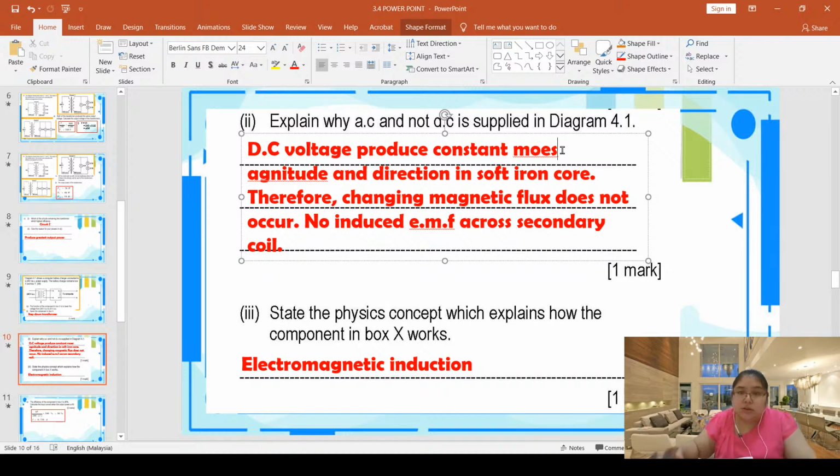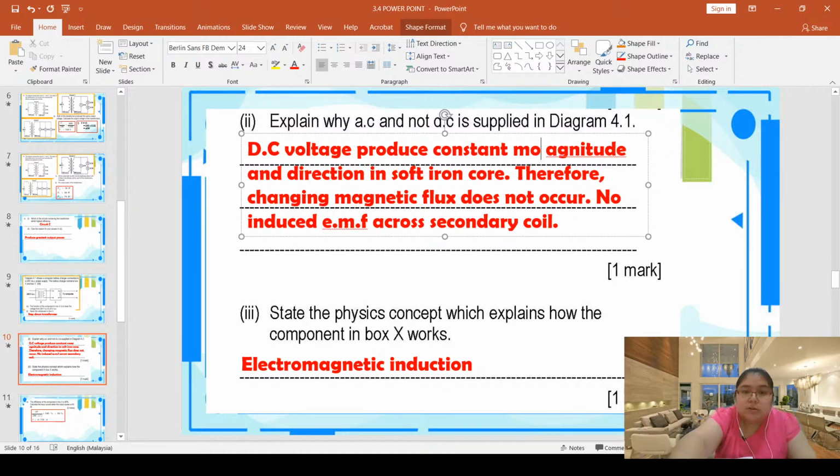constant. This one is wrong typing. We're using the constant magnitude. So from here, why do we use the AC? Let's see the DC. DC voltage produces constant magnitude and direction. Remember this sentence, I told you already. For the AC, we're using varying; for the DC, we're using constant.